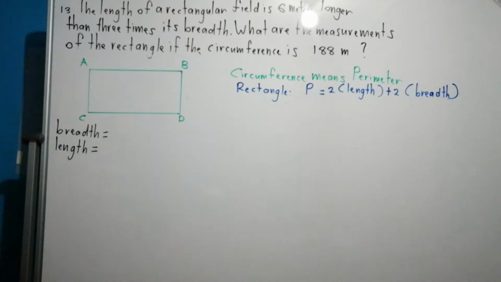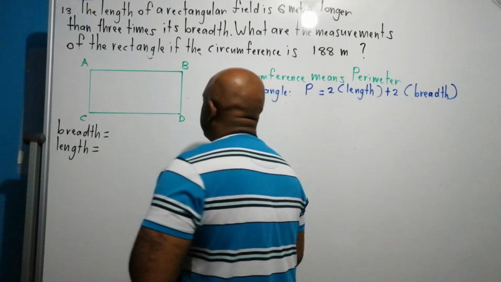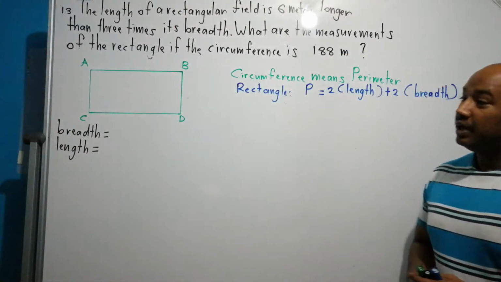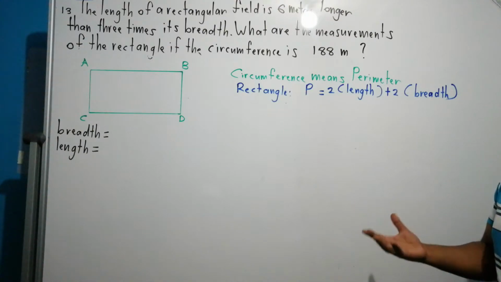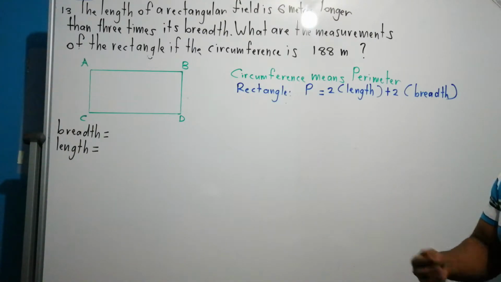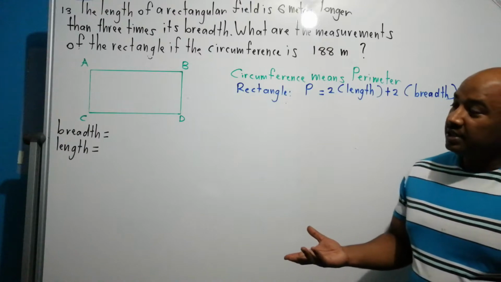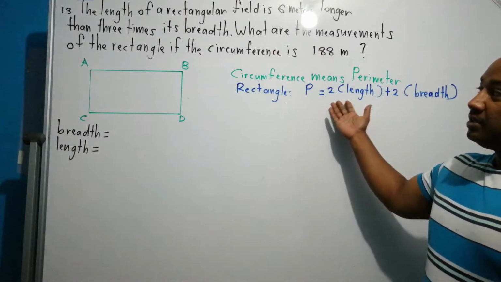Alright, so we need to form an equation. How do we do that? We need to represent our sides in terms of a variable, maybe a, b, or x. The equation is already formed here.